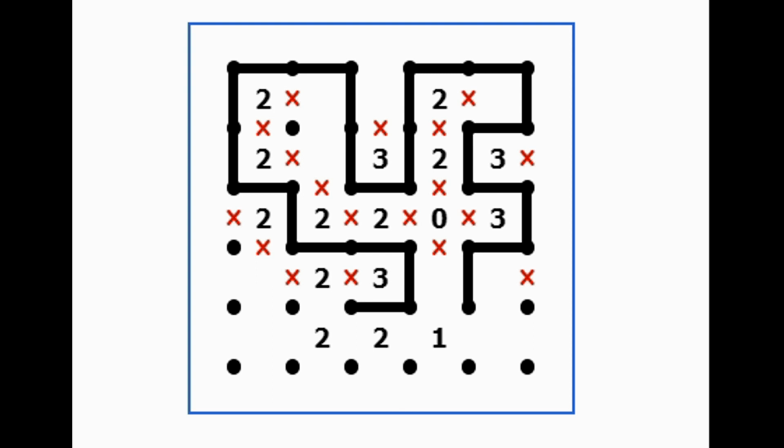And now when we get down to this 1 down here, with this end, if I know that I have to get out of this corner, I have to get over to this corner. If I want to get out of here, if I want to go down and over, that just put 2 around that 1.